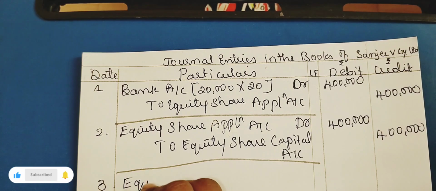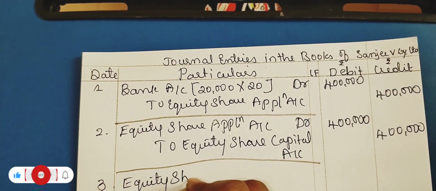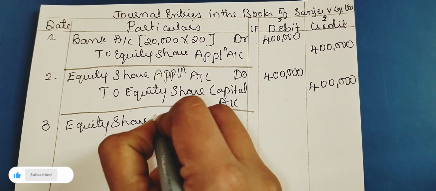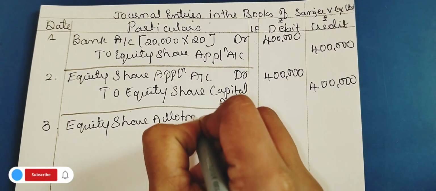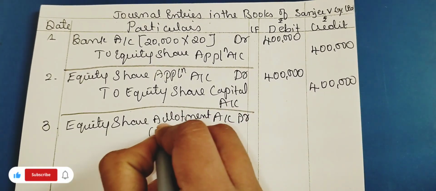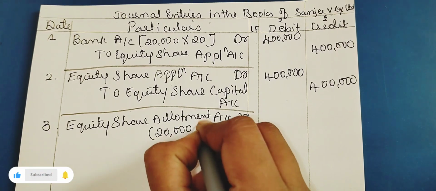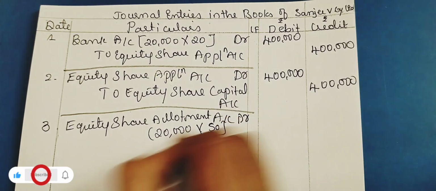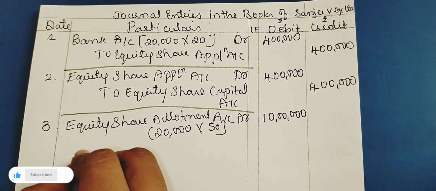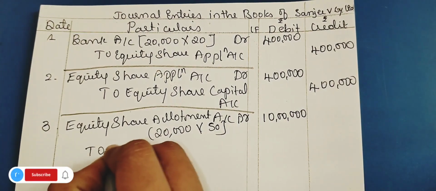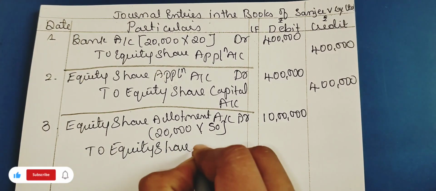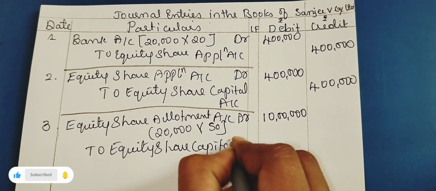Equity share allotment account debtor, 20,000 into 50 each is 10 lakh, to equity share capital account, because we have premium also.